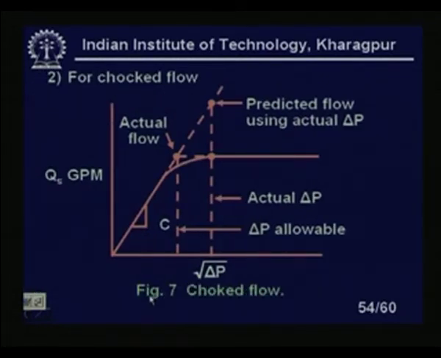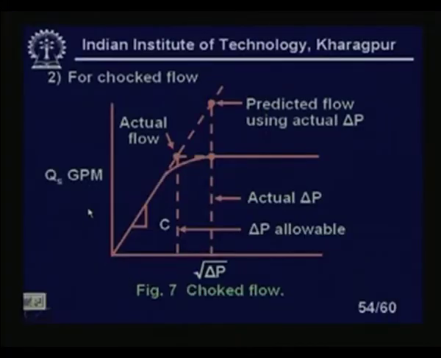For choke flow, you see that actually in the process we will find there is a choke flow. That means even though I expect that if I increase the delta P, the flow through the fluid, in gallons per minute or liters per hour or whatever it may be, will increase, it will not increase.